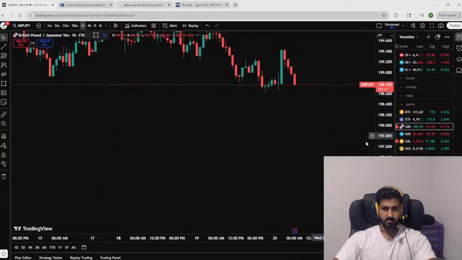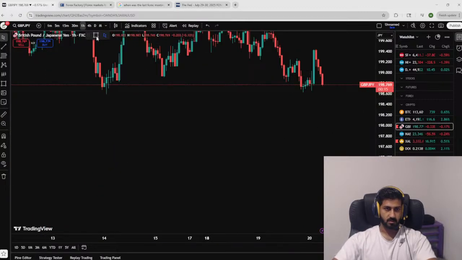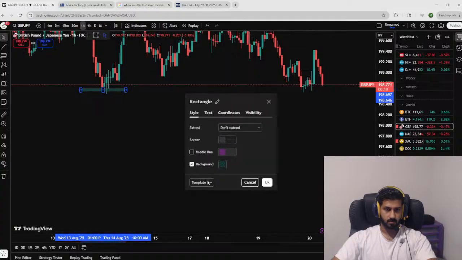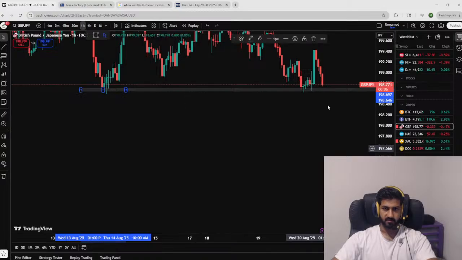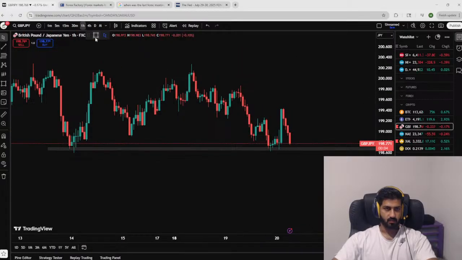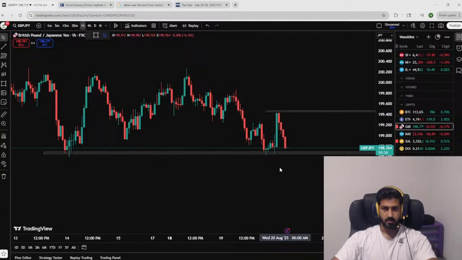Interesting. 1 hour. Yeah, perfect. And then we have a resistance. So let's see how we react from this support. I'm pretty sure there's going to be a reaction, and then we can possibly look forward to get buys on GJ.